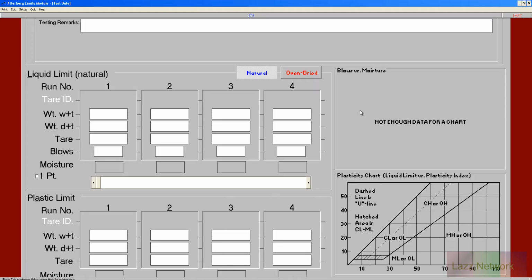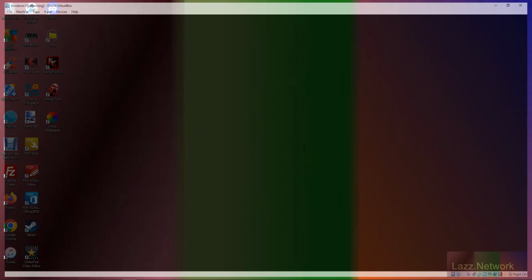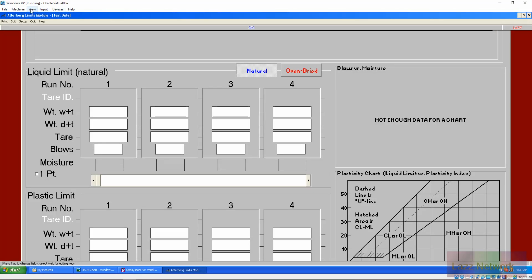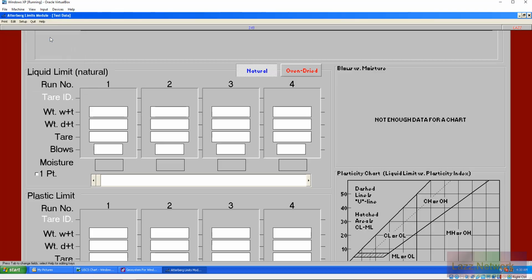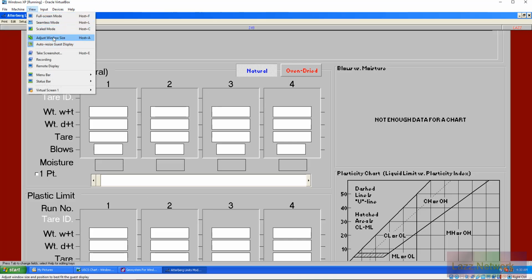It's just not including everything, and I don't understand why this thing has to be like this. Okay, it just says adjust window size, and that don't do nothing.